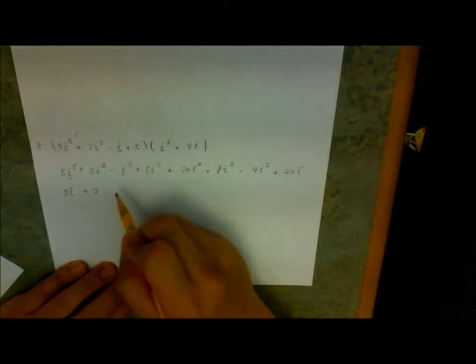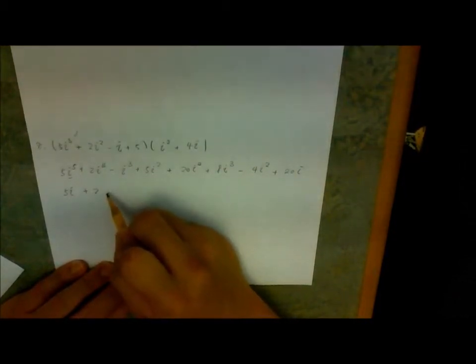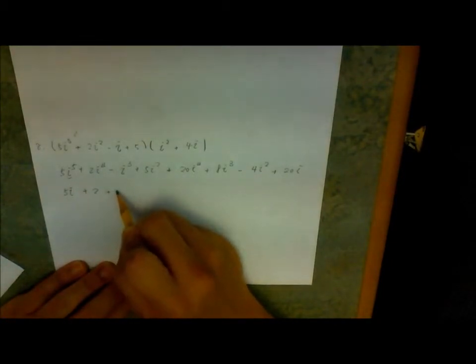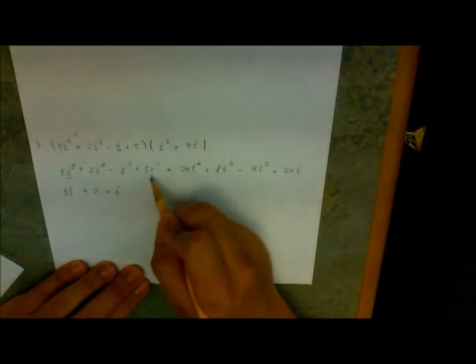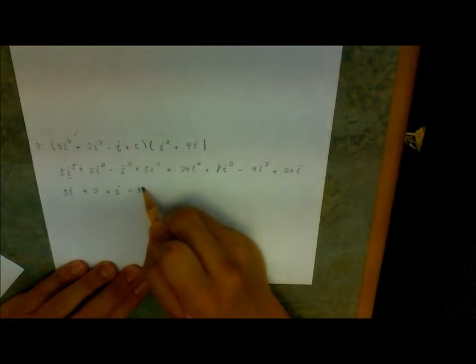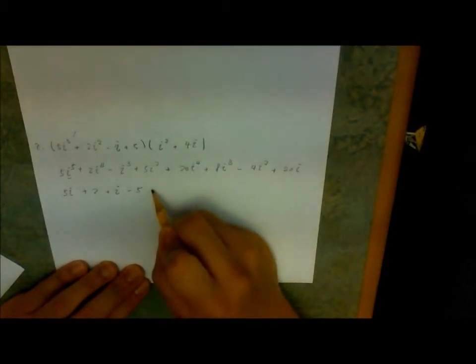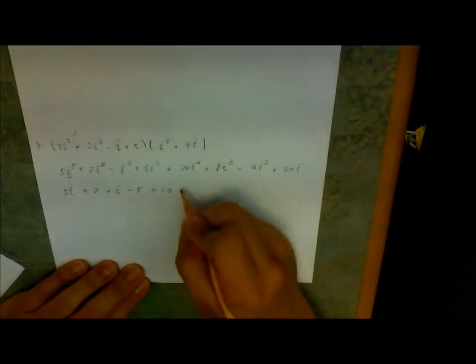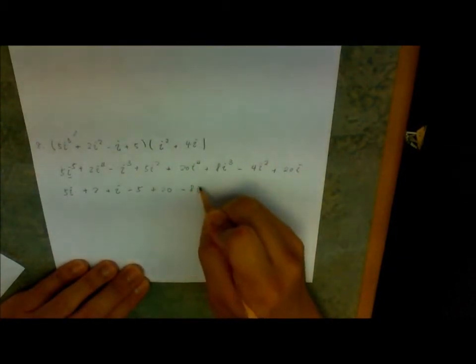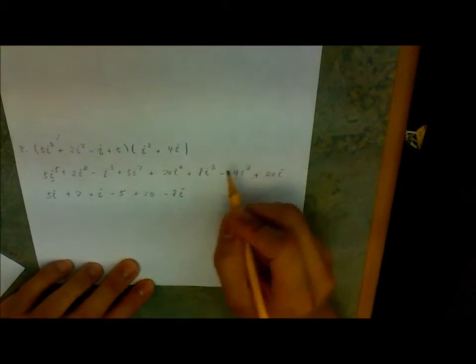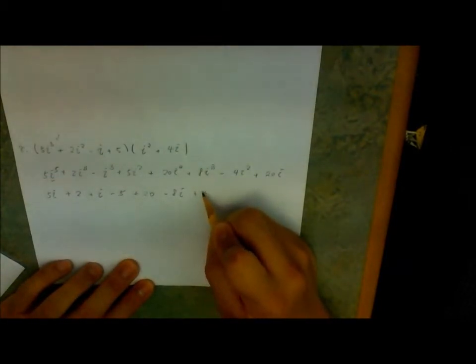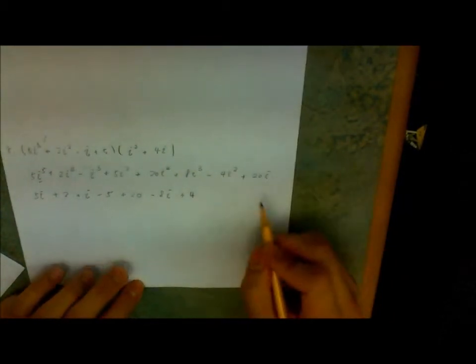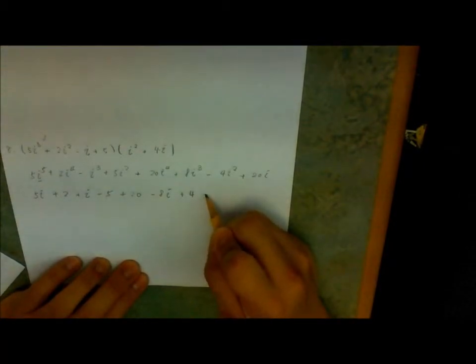And i to the 3rd is negative i, so negative of a negative i is positive i. i squared is negative 1, so negative 5, and i to the 4th is 1, so plus 20. i to the 3rd is negative i, so it's going to be negative 8i. i squared is negative 1, so you have plus 4, and then you have plus 20i.